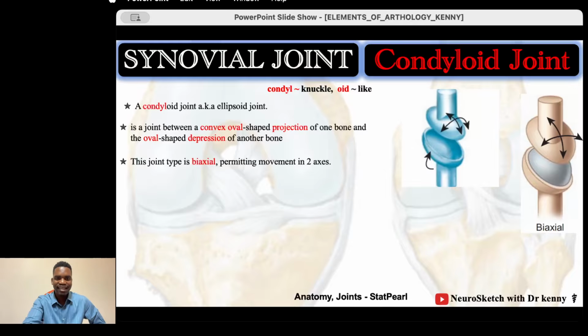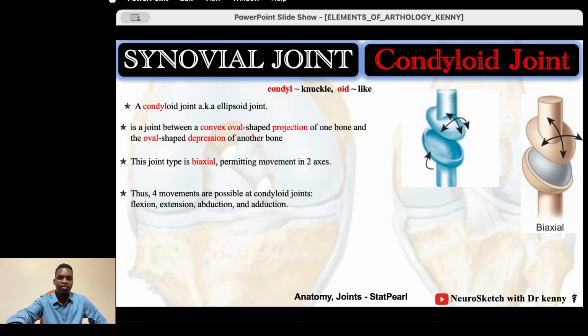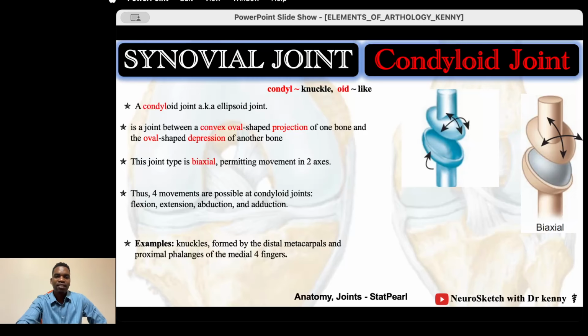So the movement in these condyloid joints is biaxial. Biaxial means it can rotate within the joint. So the four possible movements in the condyloid joints are extension, flexion, abduction and adduction. Example, the knuckles, because I said condyle means knuckle, so condyloid, the knuckle-like joint.